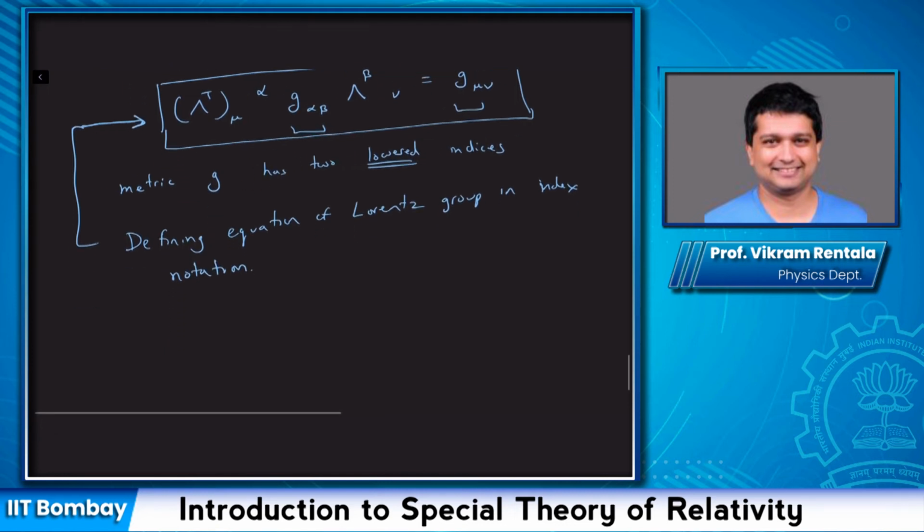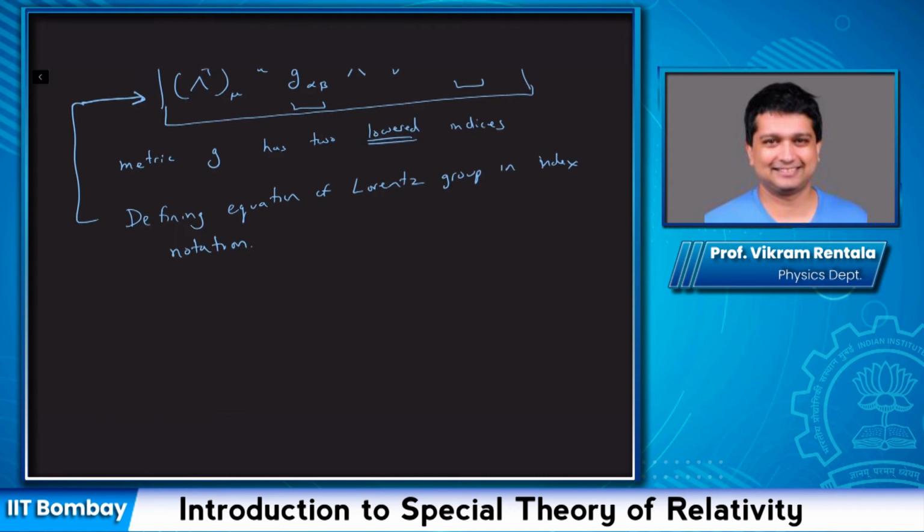So now let's look at another equation. If we take the matrix G inverse, it should be true that G inverse dot G is the identity matrix.